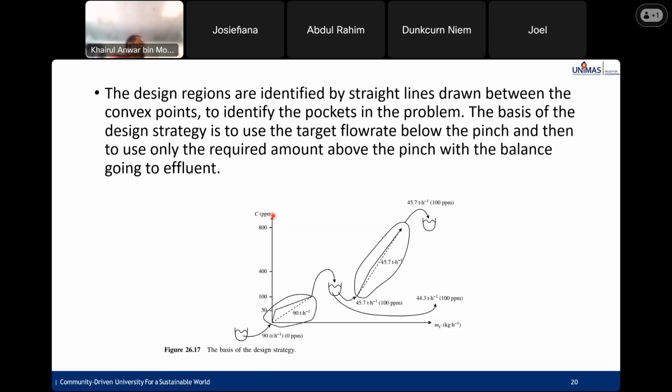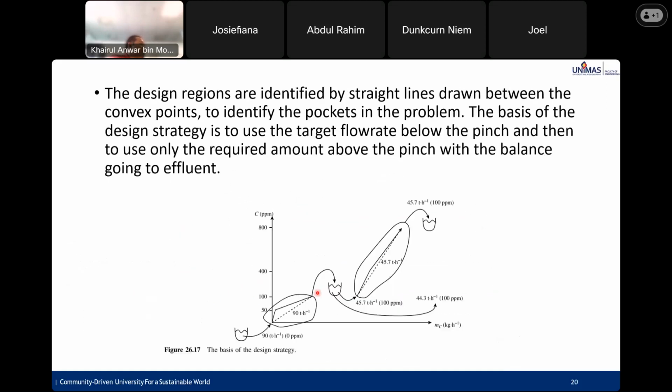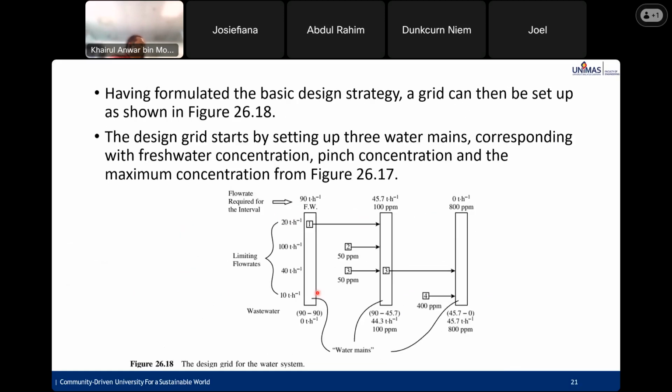Minimum flow rate is the contaminant mass divided by the concentration difference. Yes, this one. Then you get the water. So here is the first stream, 0 to 100 ppm. Refer back to the table. Here is 50 to 100.